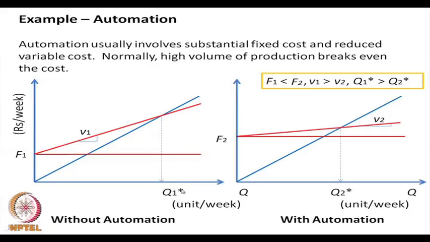This of course is not very usual, but we have shown that suppose the rise in fixed cost is not very high, but the variable cost is reduced drastically because of automation. In that situation, it is possible that the break even point is less. That means automation is justified even if one does not have to produce a very large amount of goods.